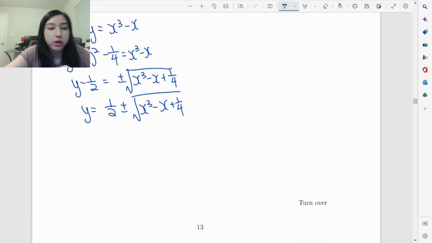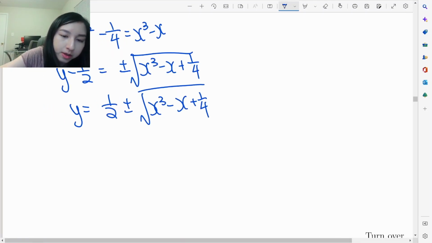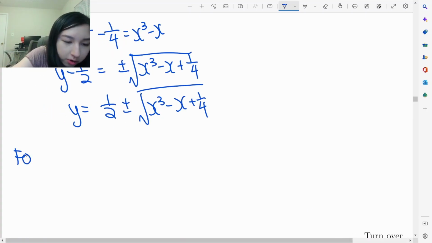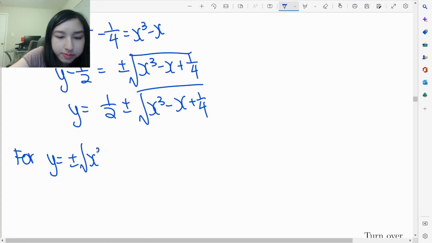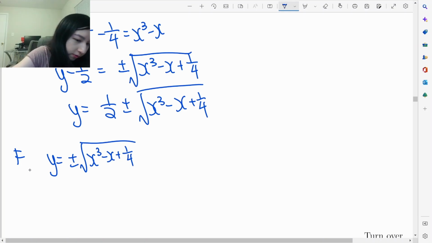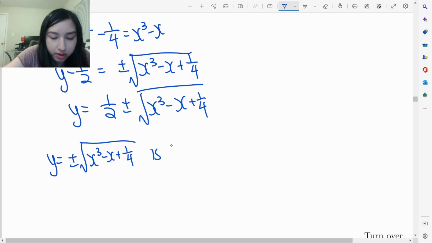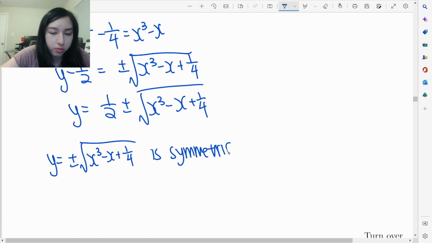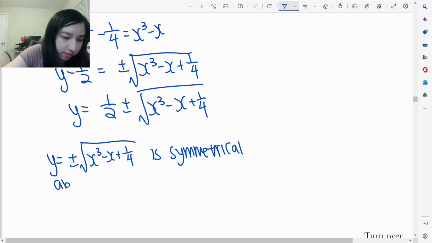So we're going to have to talk in terms of that first. So we know this graph itself is symmetrical about y equals to 0.